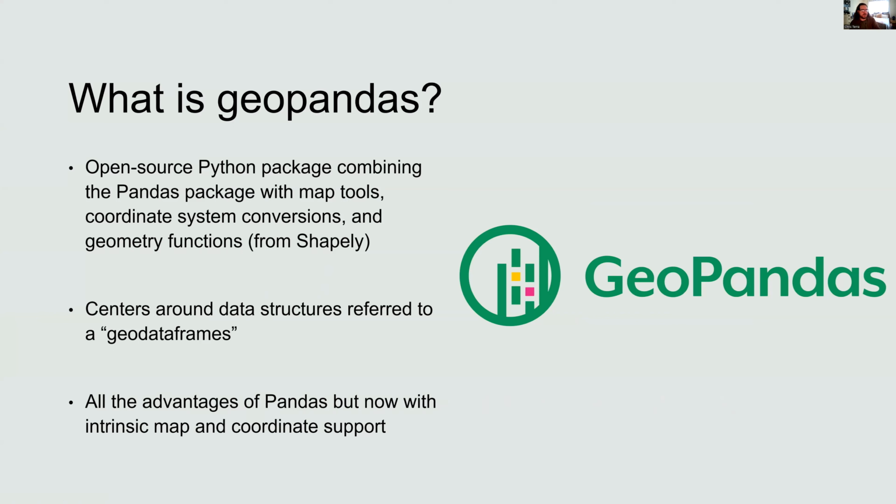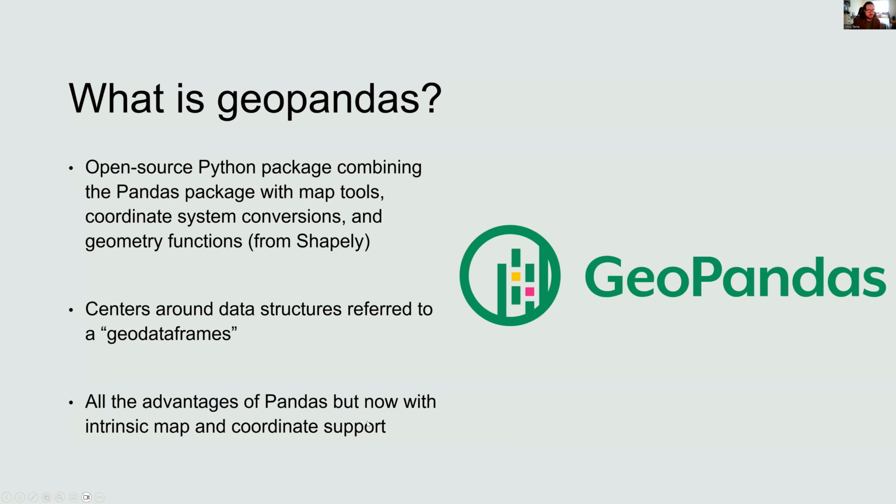GeoPandas basically takes the framework of a pandas data frame and applies map tools, coordinate system conversions, and geometries based off of this other package called Shapely. And the way that Pandas has data frames, GeoPandas has geodata frames, keeping it nice and simple.